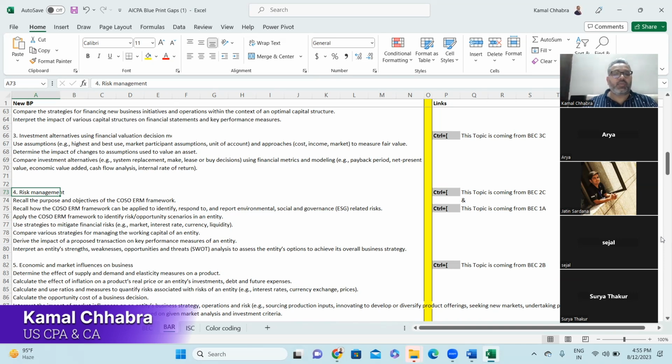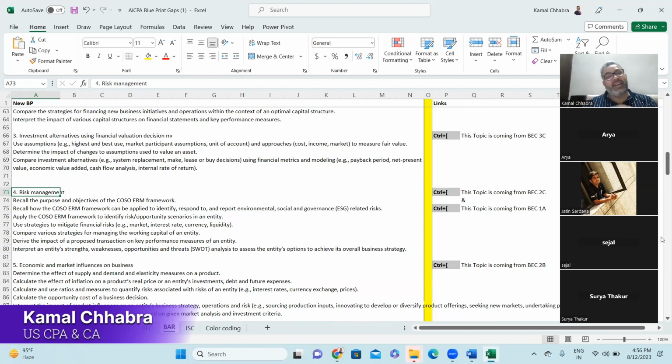Now coming to the risk assessment, there's a beautiful topic in this called COSO. Have you heard about this term? No? Okay, just make a note. Today, go back to your audit file and check the COSO framework. This is very important and heavily tested in your exam, both in the audit exam as well as in your BAR exam.